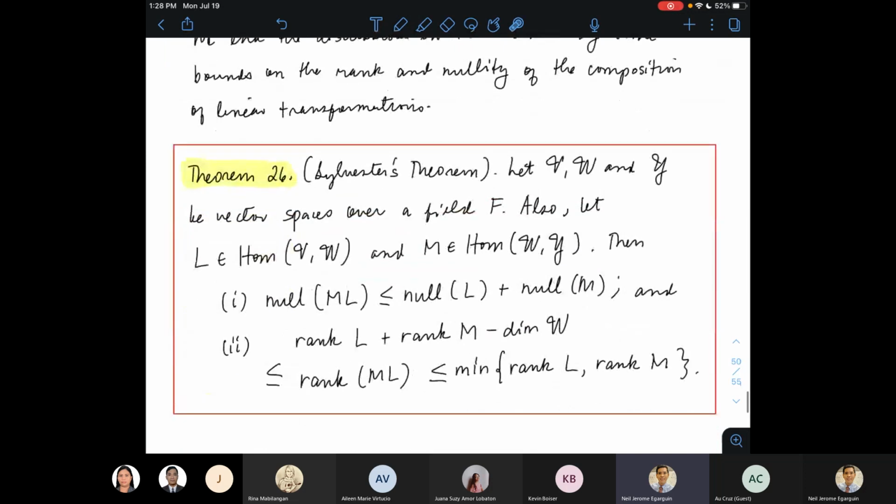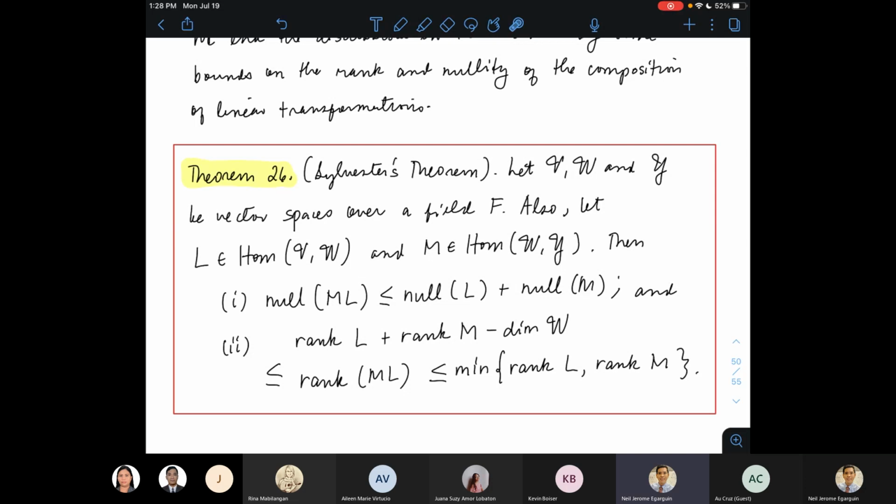And then we'll end the module with Theorem 26 called Sylvester's Theorem. This tells us the property of the nullity and the rank with respect to linear transformations L and M, with respect to the nullity and the rank of their composition.